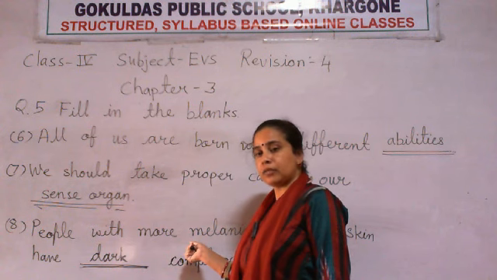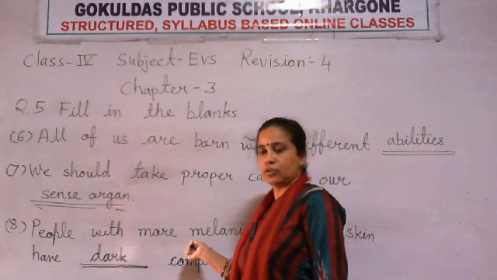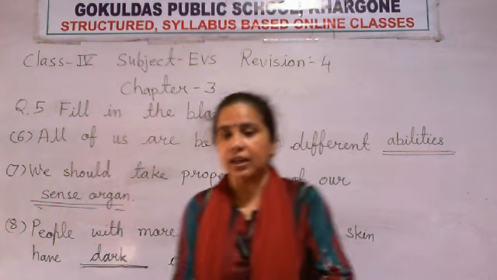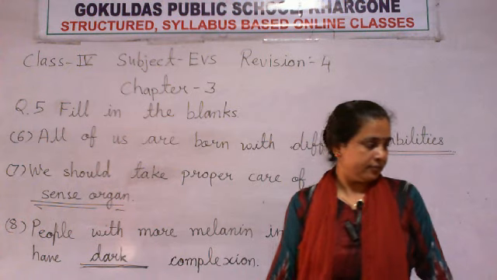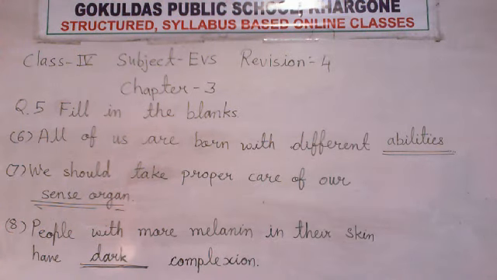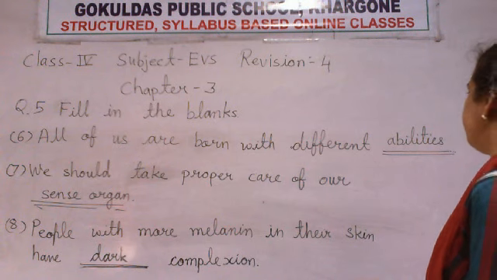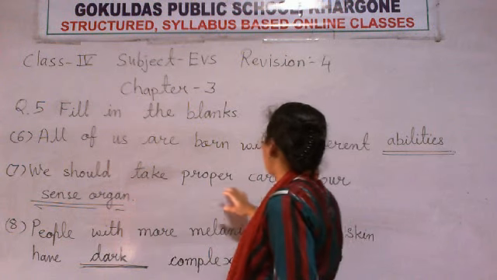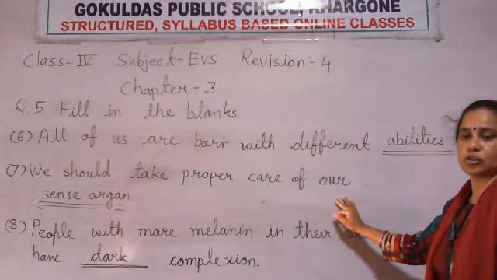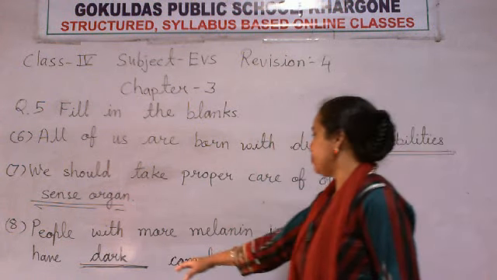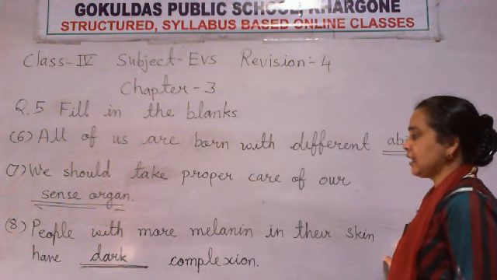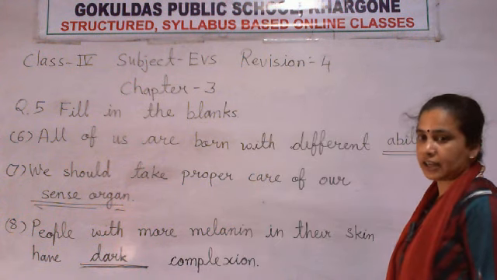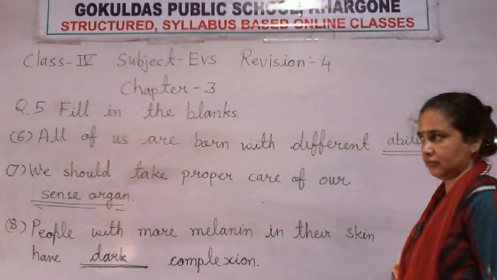If less melanin is present, it gives you fair color. So this is number 6, 7 and 8. What did we write in number 6? All of us are born with different abilities. Number 7, we should take proper care of our sense organs. Now people with more melanin in their skin have dark complexion. उनका रंग कैसा होता है? Dark.